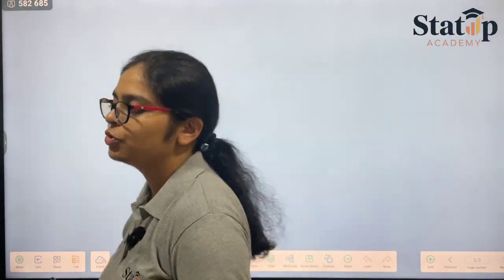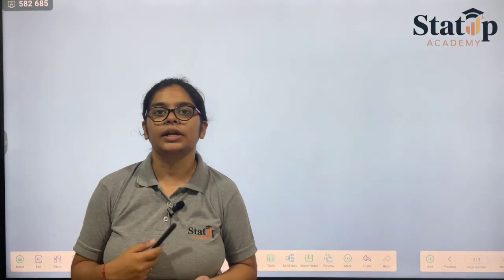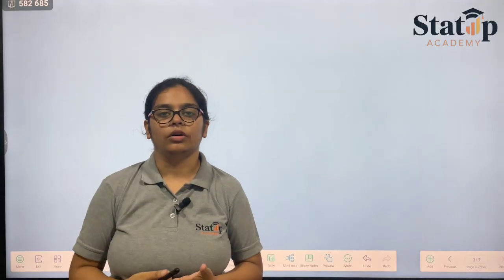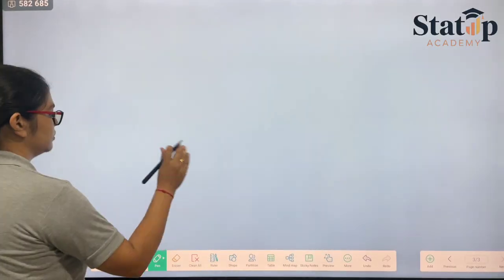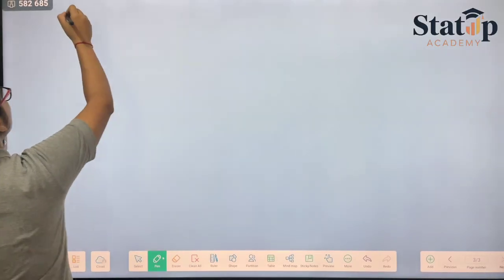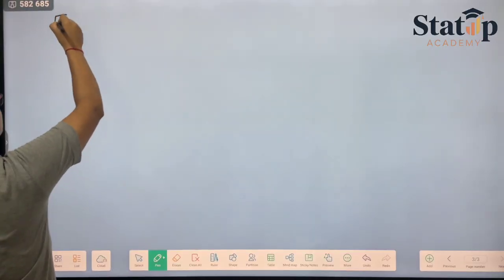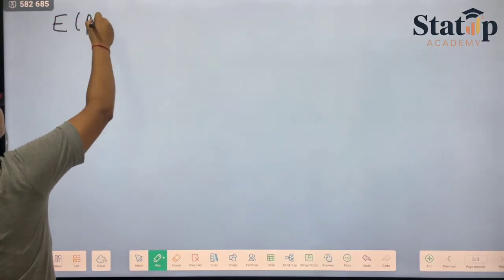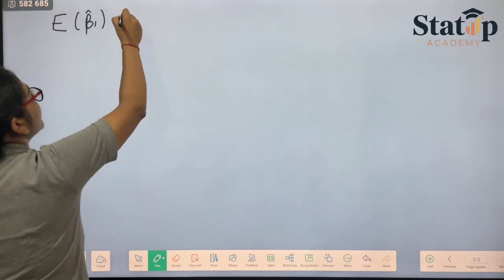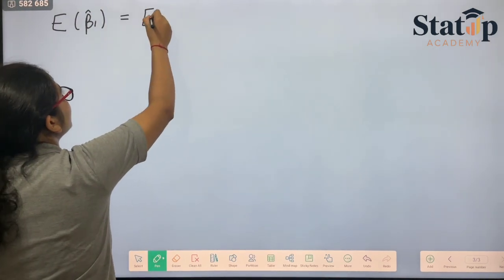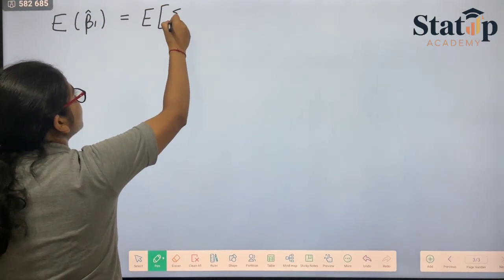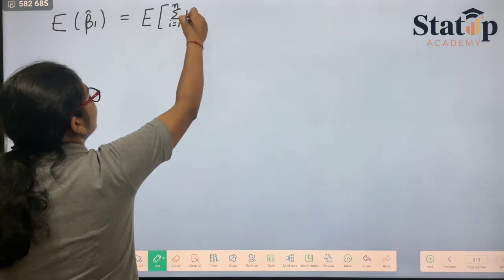So now we have to check whether these are unbiased estimators of beta in our model or not. So firstly, we will check unbiasedness: expectation of beta 1 cap. Now expectation of beta 1 cap is nothing but expectation of summation i goes from 1 to n ki yi.